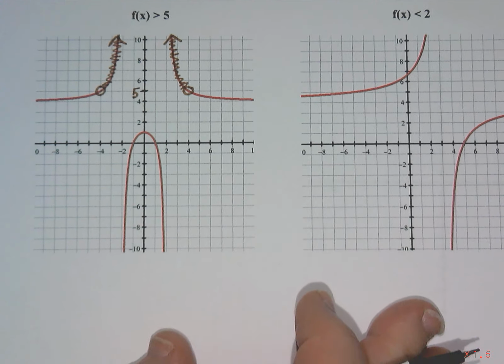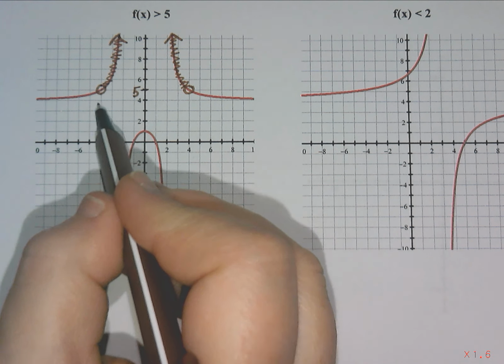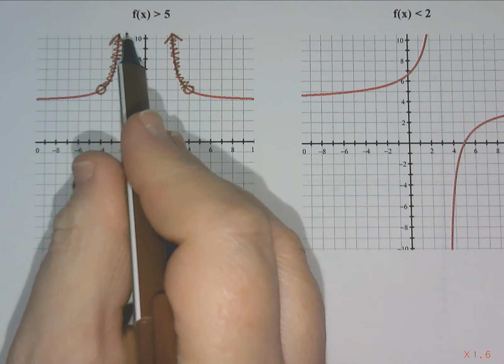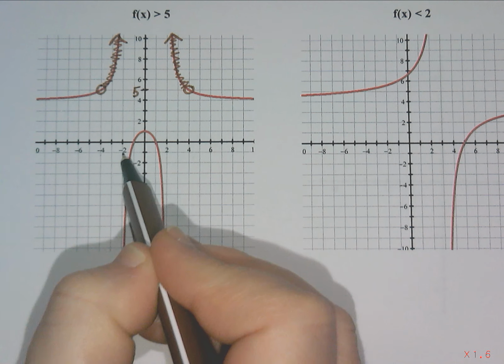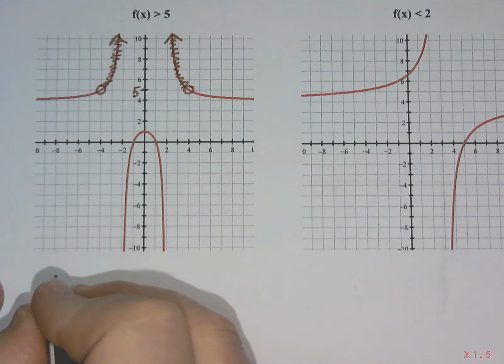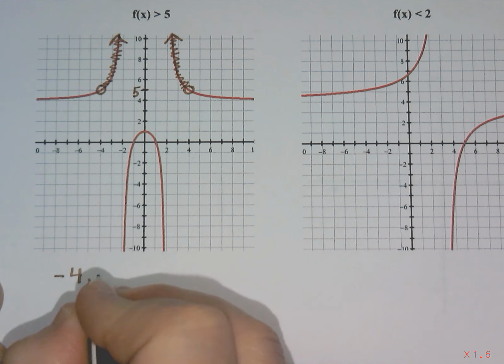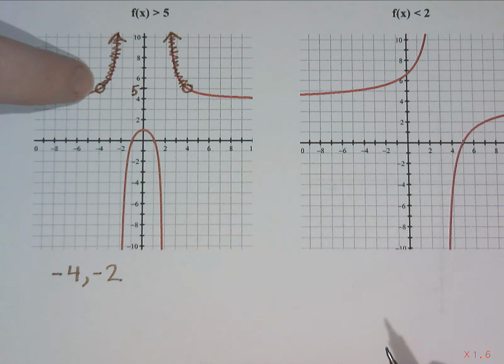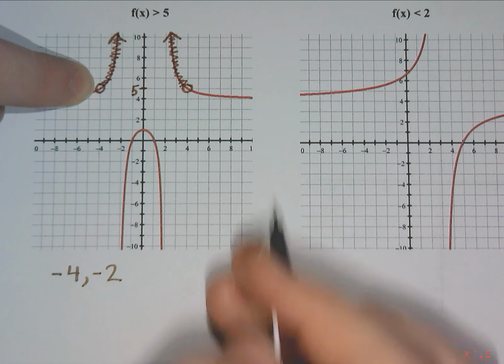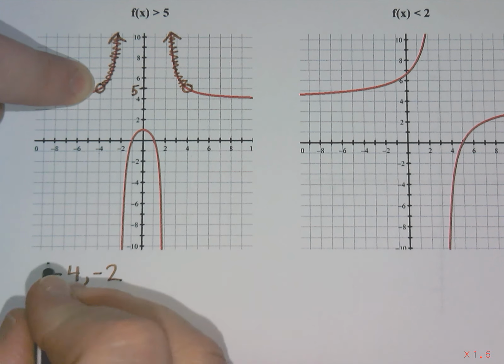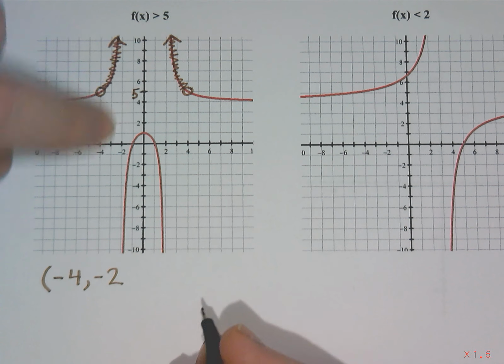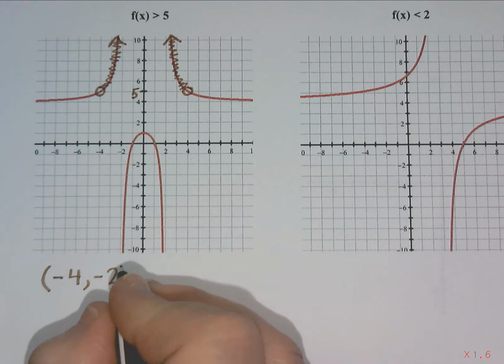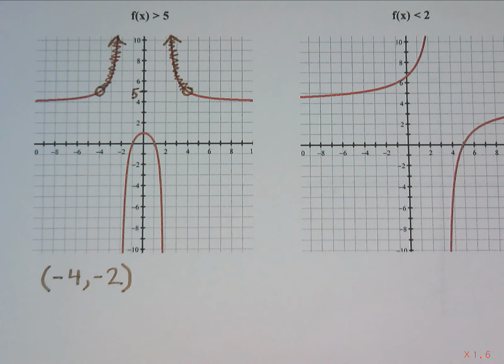All right, that section, the first one here, goes from -4 to the asymptote at -2. So it's between the x values of -4 and -2. We are not including the point at -4 because it didn't have the equal sign, so I'm going to do a rounded bracket. And then -2 is the asymptote, so same thing, we just do a rounded bracket.